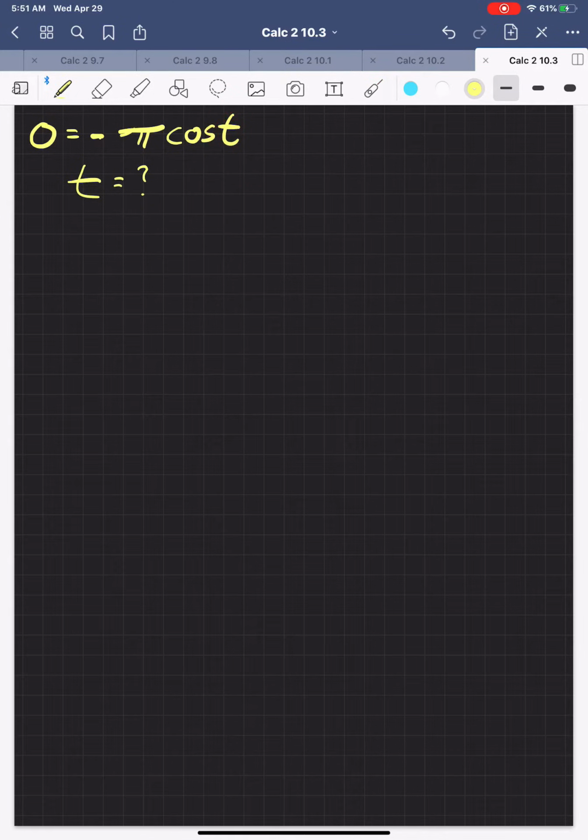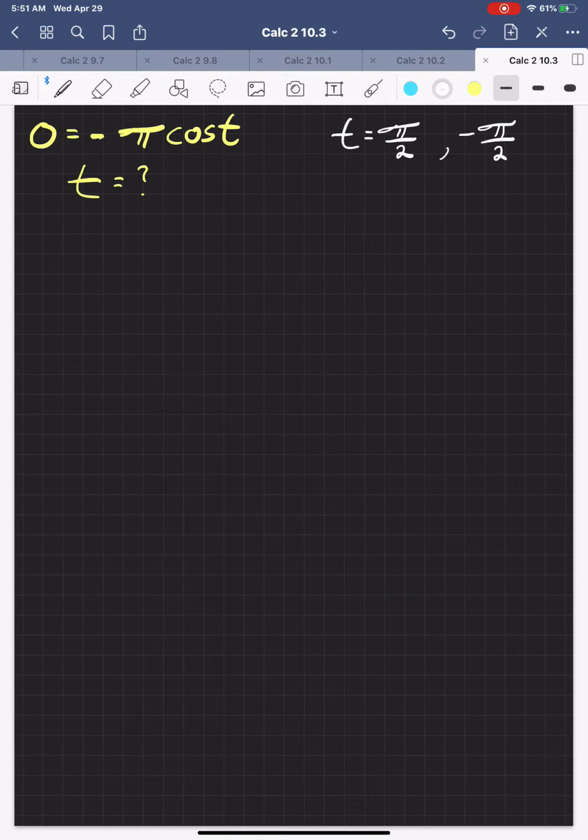Well, if t is equal to pi over 2, cosine of pi over 2 is 0, and 0 times negative pi is still 0, so that works. But what else works? It is true that 3 pi over 2 works, but we want to think of it as negative pi over 2.